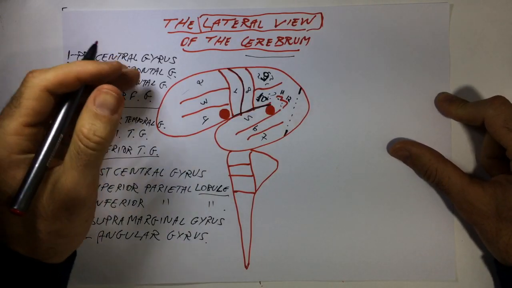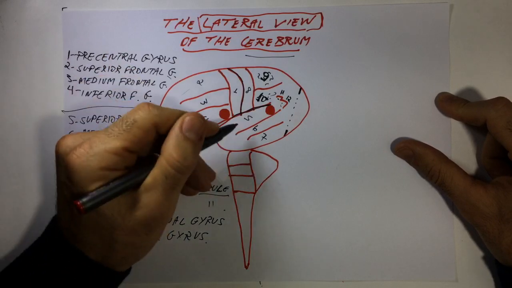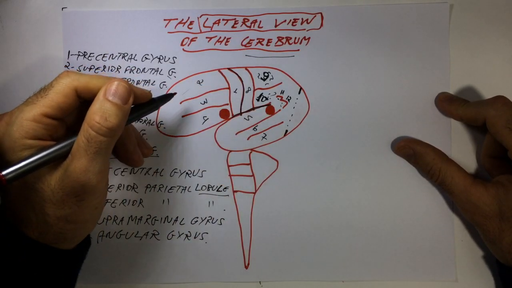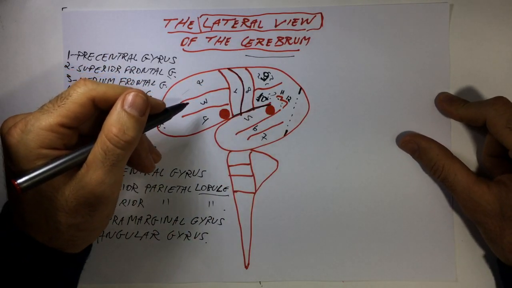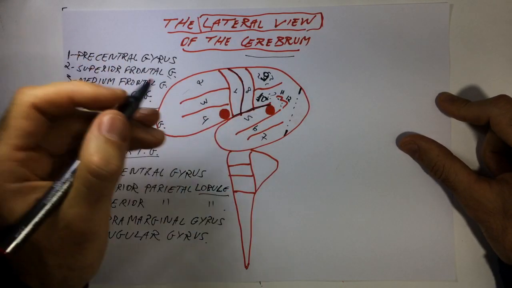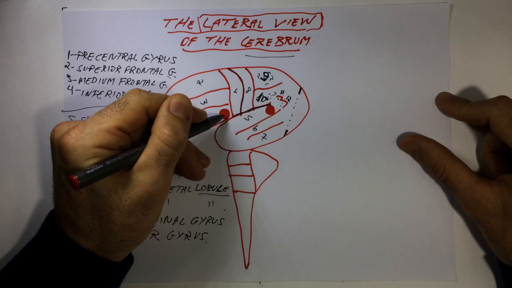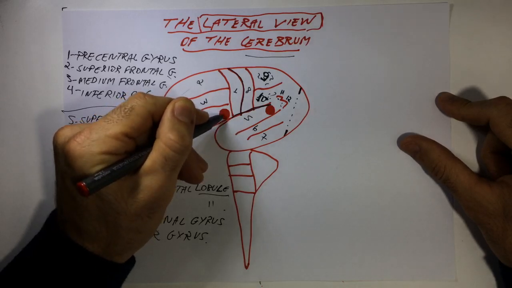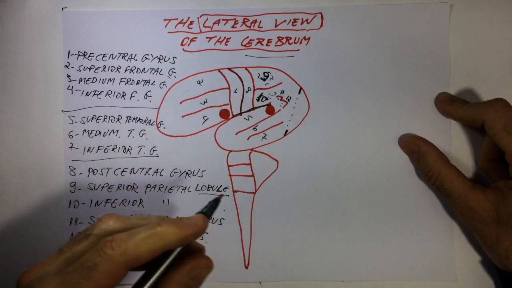For most people, not everybody, there are some people that have these two structures in the right hemisphere, other people in both hemispheres, but for most people in the left hemisphere. We have the Broca's area here and the Wernicke's area here.